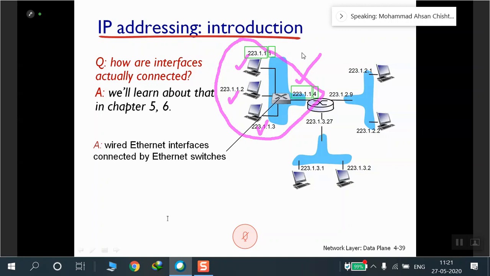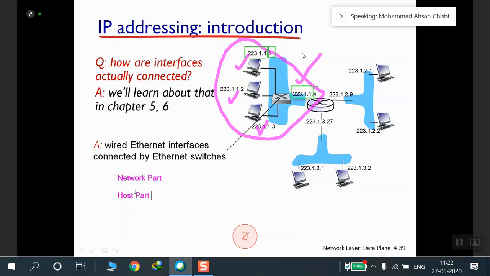This constitutes what we call the network part. And the rest, like we have 1 here, 2 here, 3 here, 4 here, is known as the host part. So basically an IP address has two parts: the network part and the host part. An IP address is technically associated with an interface, and the network part determines which network this host, whether a router, desktop or laptop, is connected to.